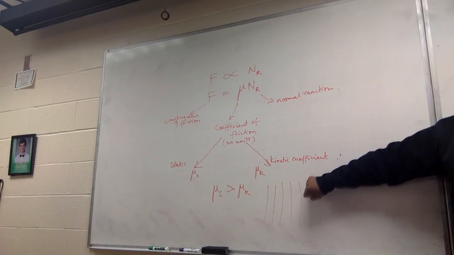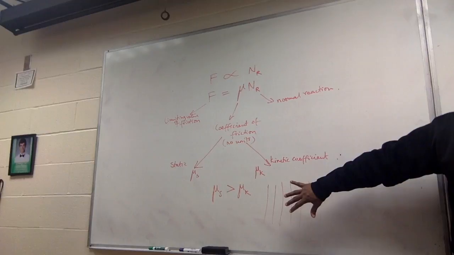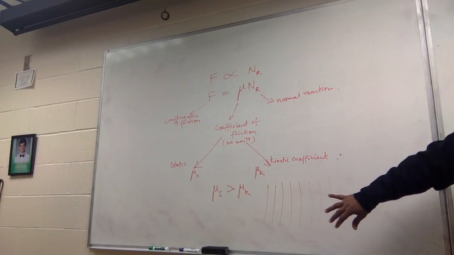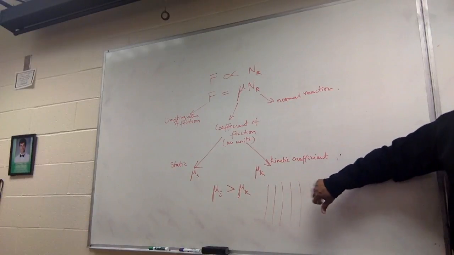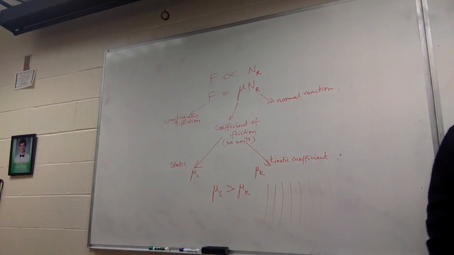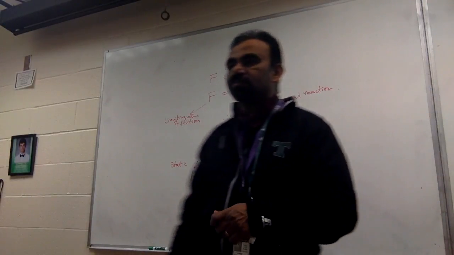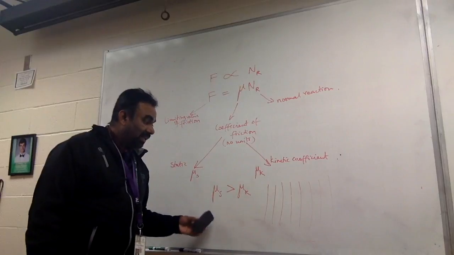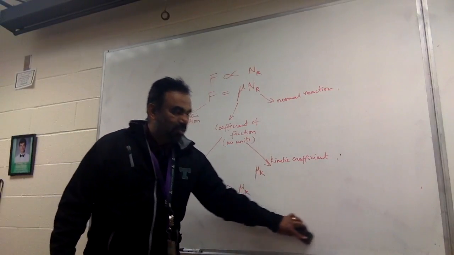But the moment your hand slips off one of those, you're already on the go. But on the go, are you still able to oppose? You will be able to grab, right? But can you grab it the same way as you grabbed earlier? So that's why I said the coefficient of static friction is bigger compared to the coefficient of kinetic friction.